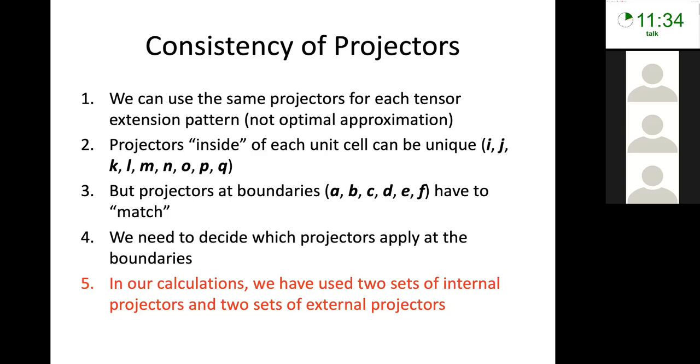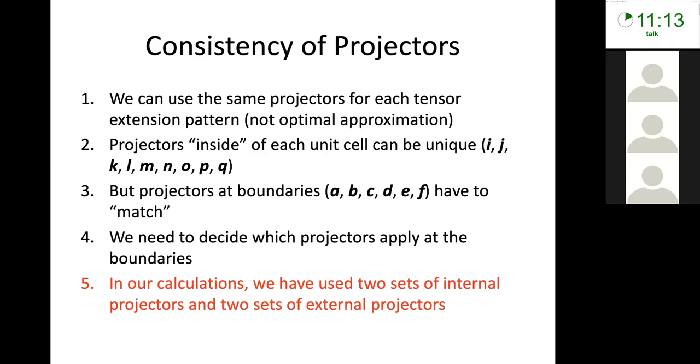But the projectors A, B, C up to F have to match other projectors because they might meet when we want to perform another next step of this extension, right?